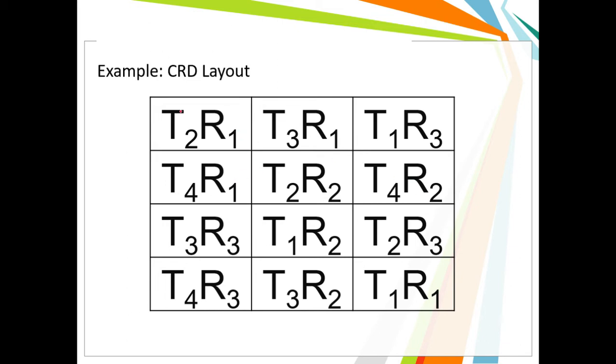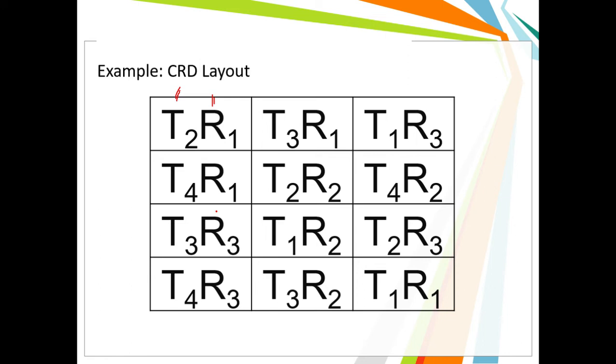So, yung ating layout dito, we have T for the treatments, ang R is the replication. 4 treatments, that's why we have T1, T2, T3, and T4, and tatlong replication, R1, R2, R3. Okay? So kung maglalagay tayo sa oven ng bricks para maiwasan yung bias, kumbaga, so i-randomize yung pagkaka-arrange.